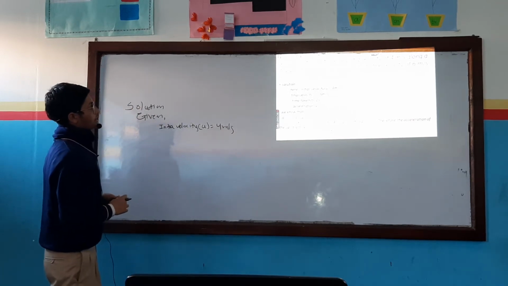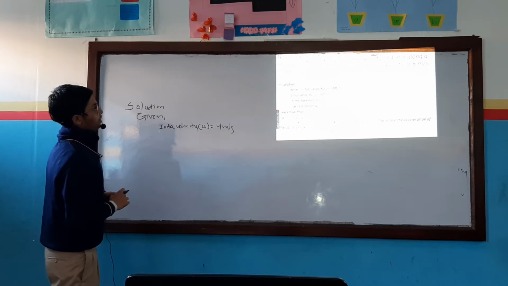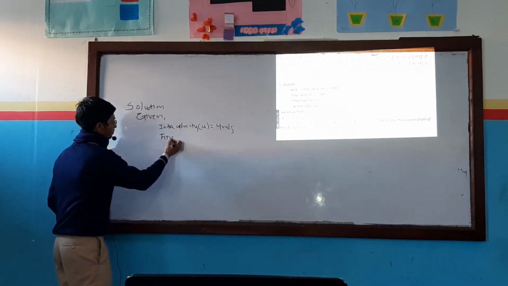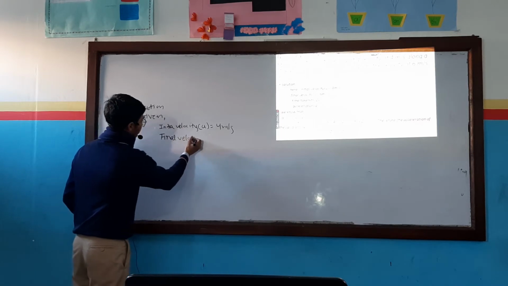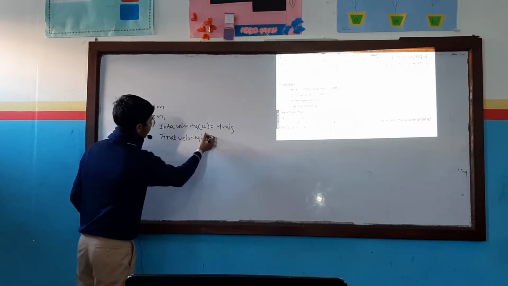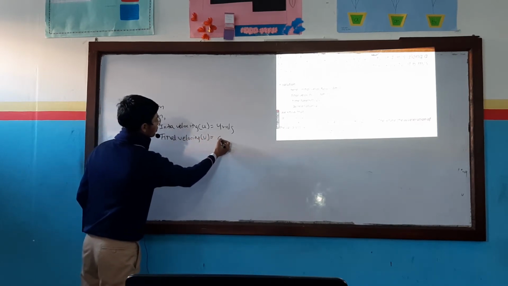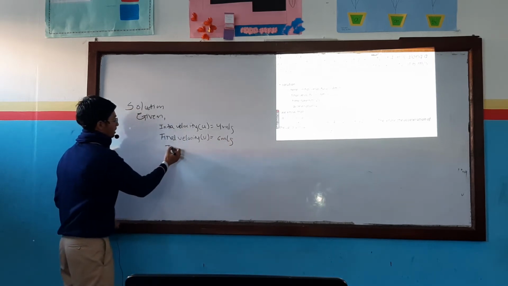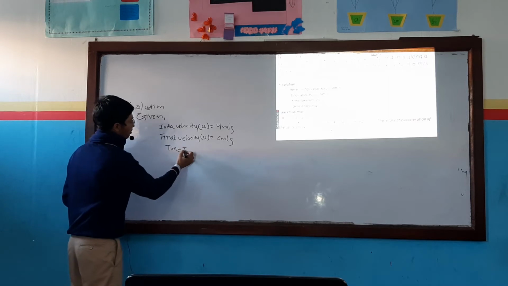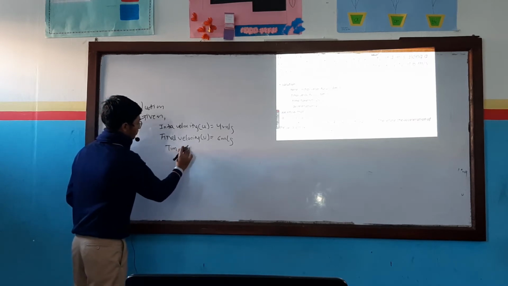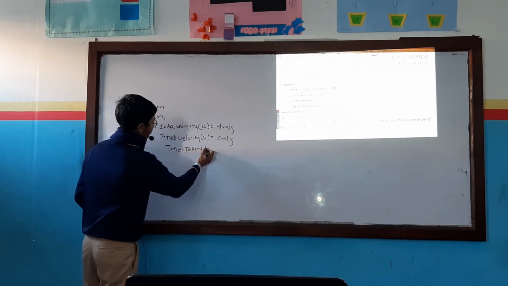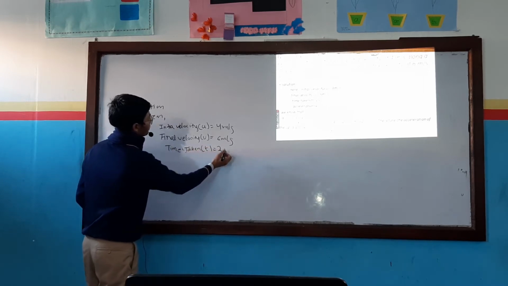Along a straight line, it speeds up uniformly to the velocity of 6 meter per second. Then the final velocity, denoted by v, is equal to 6 meter per second, and the time taken, also denoted by t, is 2 seconds.